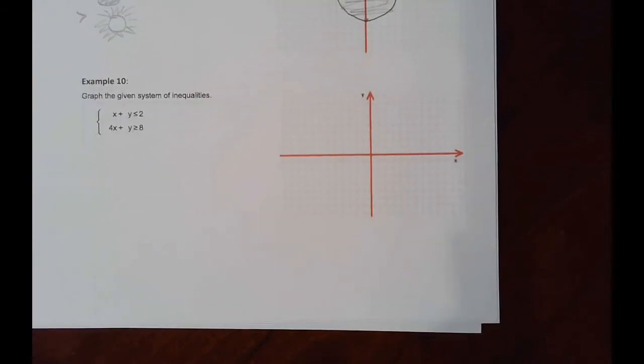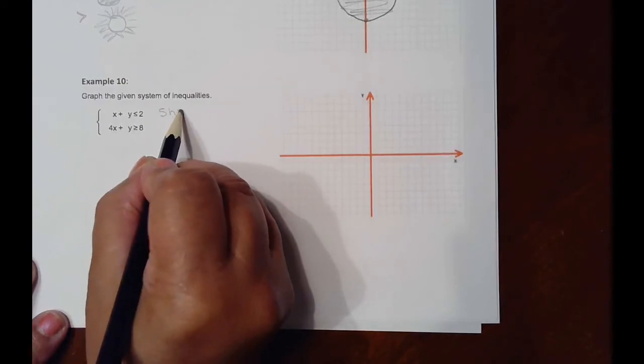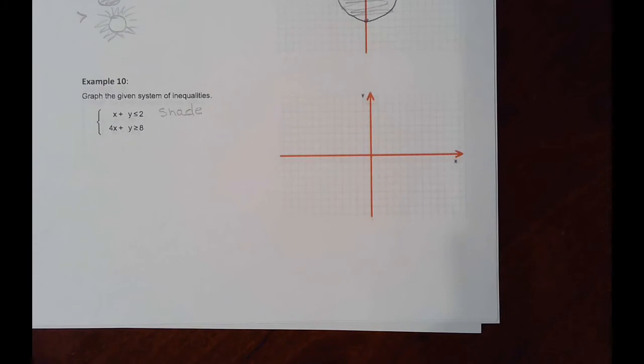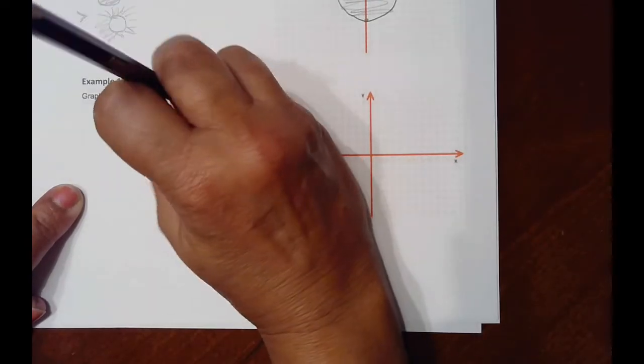Okay, for example 10, now we get into systems of inequalities. And we are going to graph two graphs this time and look for where the shading overlaps, because only that would be where you're going to take that spilled bucket of paint and click in the area where the shading overlaps.